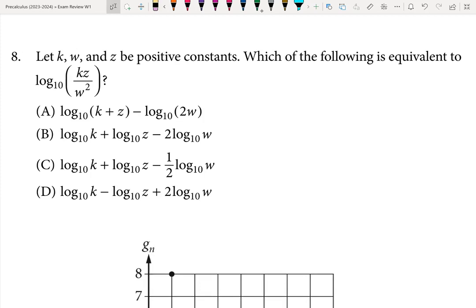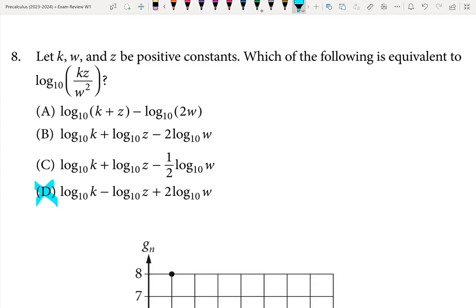When we had multiplying in logs, what did it expand into? Addition, right? Multiplying changed to addition. So there should be some addition between our k and our z. Which one does not have addition in between the k and the z? So can we eliminate D? Yes, we can. Okay?